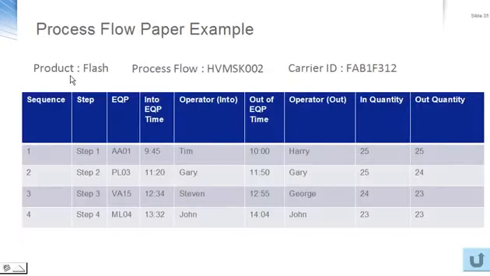If we have a product, we call it the flash, and the process flow is HVM SK002, and we have a carrier ID Fab1 F312, and it has step 1 to step 2, and it has 4 equipments, and it records the into-equipment time, and it also records the operator, and when the carrier comes out of the equipment, it also records the operator who unloads the carrier, and it also records the into-equipment quantity and the out-of-equipment quantity.